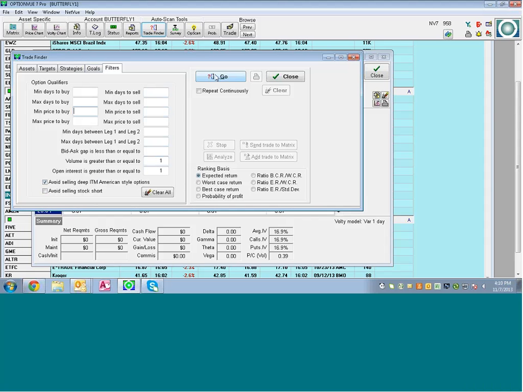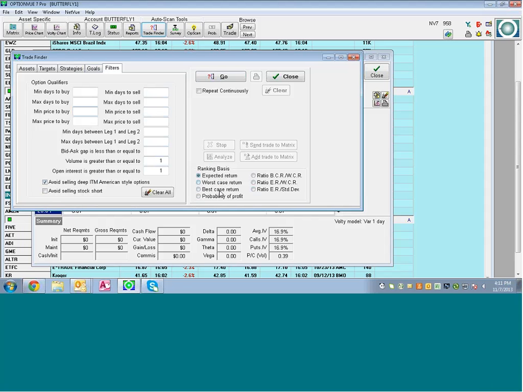Before I hit go, I want to look at the ranking basis because there are 7 choices for how the results can be ranked. These are very well explained in the user's guide, and I'll show you where to find that in just a minute after we run this TradeFinder. The expected return gives us a ranking basis based on dollars, so what has the highest expected return will come to the top of the list.